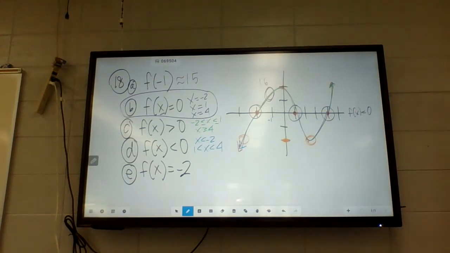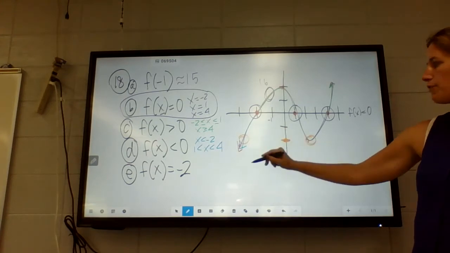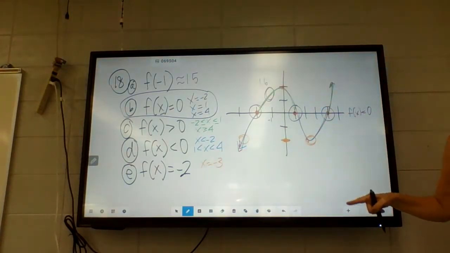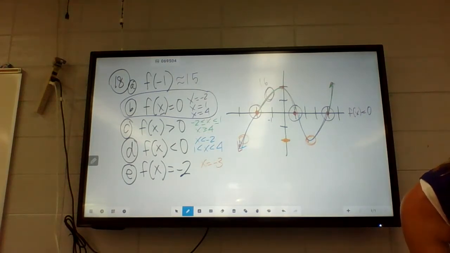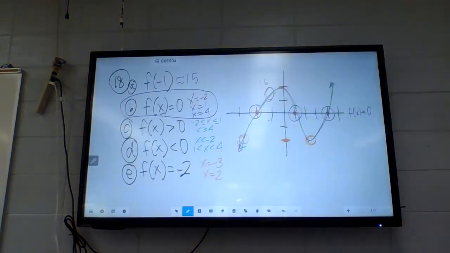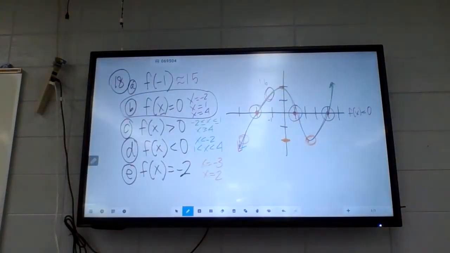So what values does it equal -2? So it looks like about -3, I guess. And then also, what is that, like 2.5? Or no, it actually is a point, it's 2. So those values are when it equals -2.